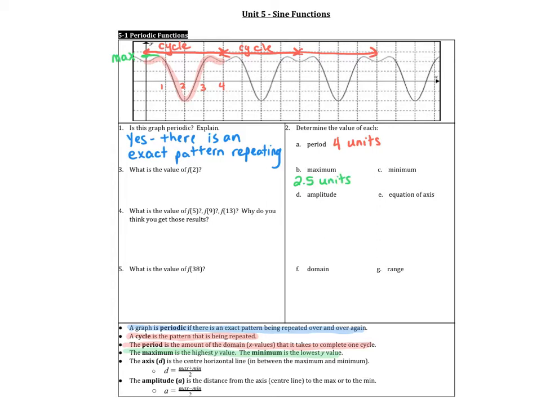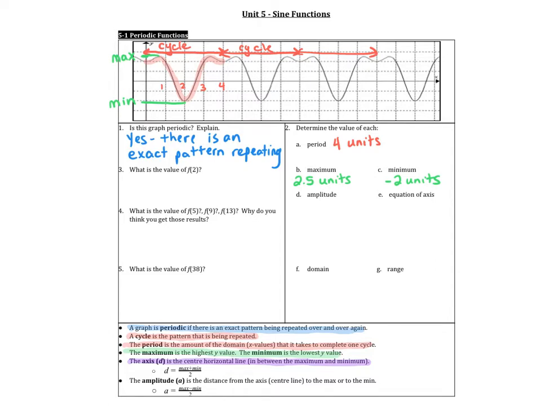The minimum is down here, and the minimum is at -2 units. The next thing you need to know is what the axis is called. The axis is the center line that runs horizontally right in between the maximum and the minimum.